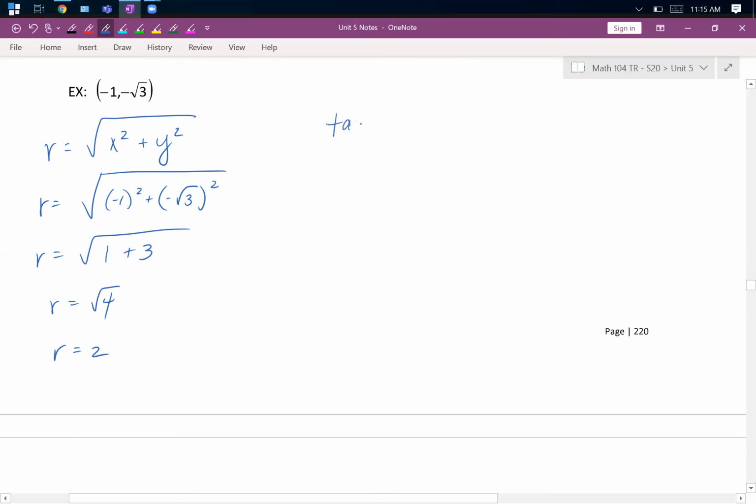And then we want to figure out our angle. Tangent of theta is going to be negative square root of 3 over negative 1. So that's tangent of theta equals square root of 3. Theta is going to be tan inverse of square root of 3.